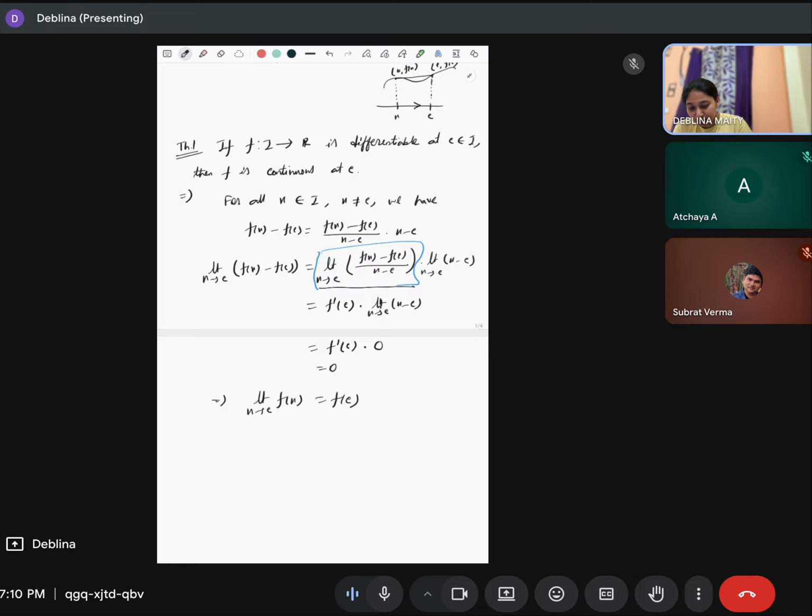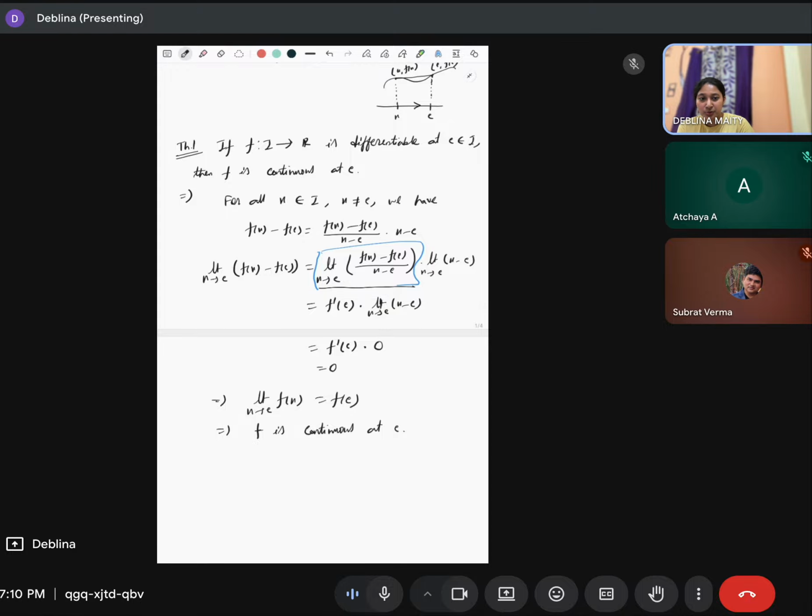It implies that f is continuous at c. So if f is differentiable at a point, then it is continuous at that point.